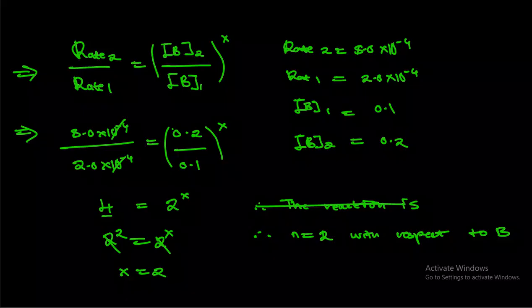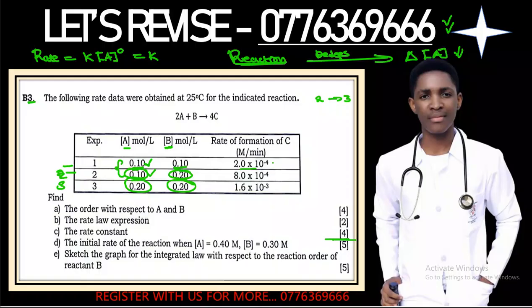Okay, so how can we find the rate constant now? We are going to take any experiment. As for me, I'll take experiment 1. The concentration for A is 0.1 and the concentration for B is also 0.1.